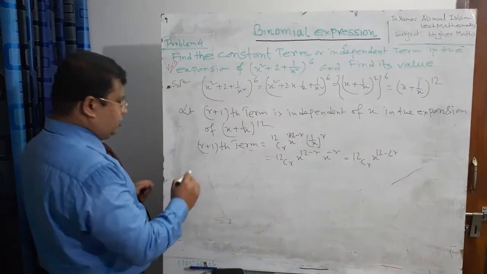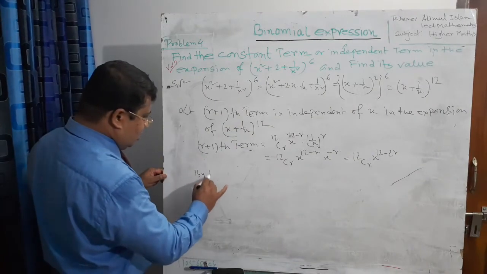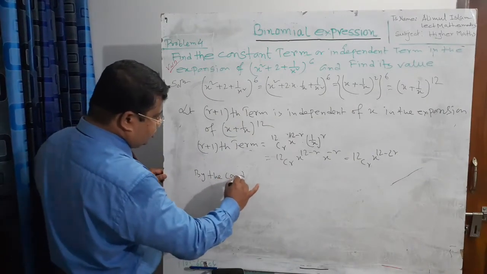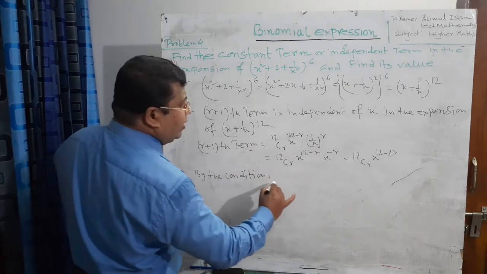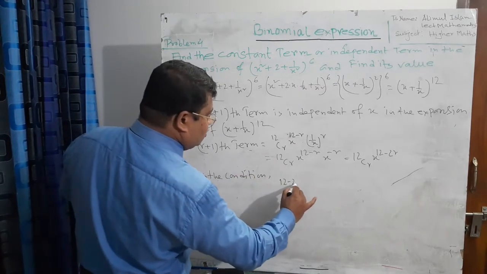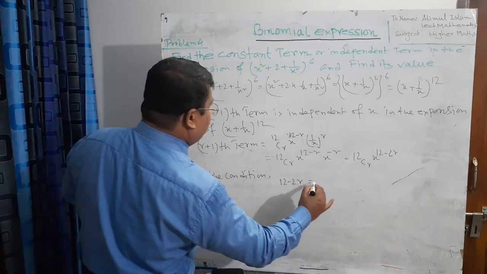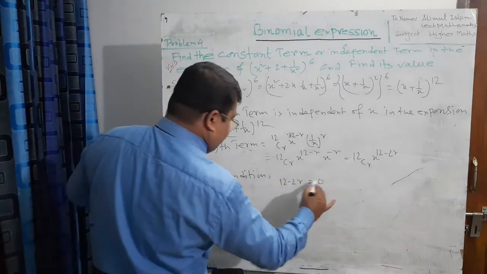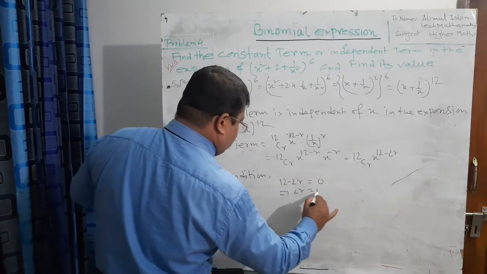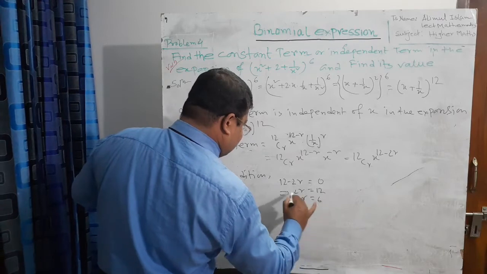By the condition, 12 minus 2r is equal to 0. Then 2r is equal to 12, r is equal to 6.